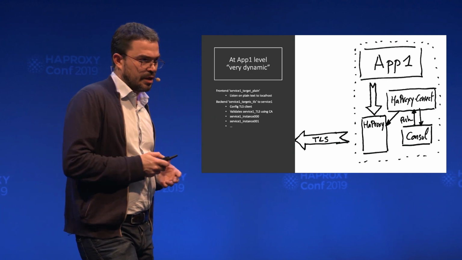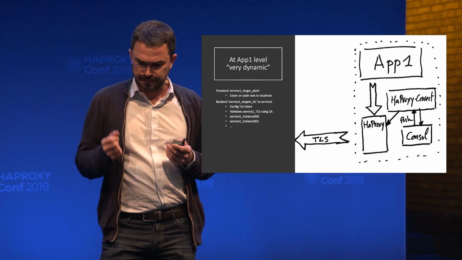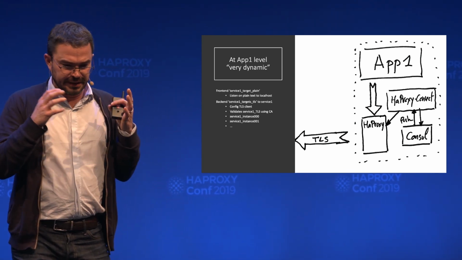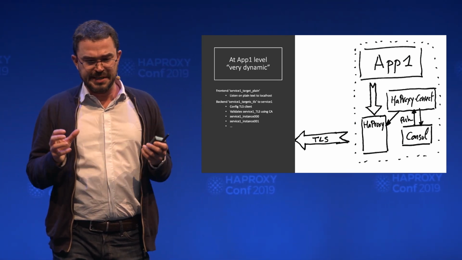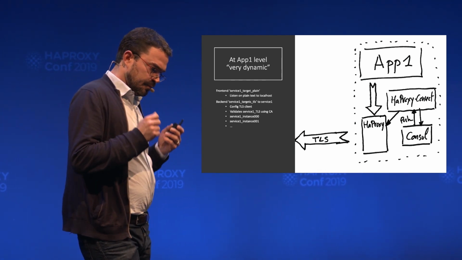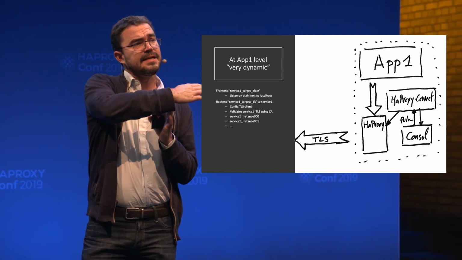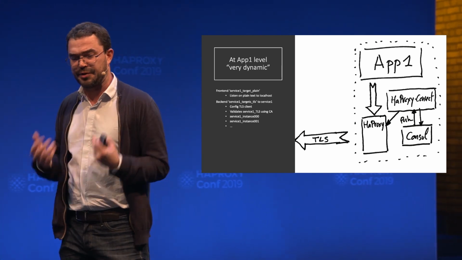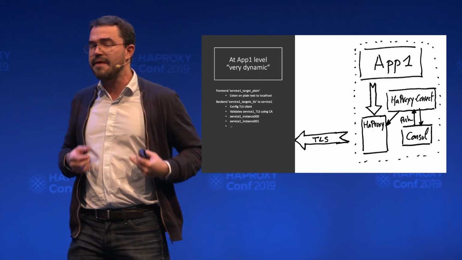On the application side, so the client, there's a front end in order to receive data from application 1. And in the backend side, there will be all the instances of service 1 we want to target, meaning that this part is very dynamic. It's going to change every second.